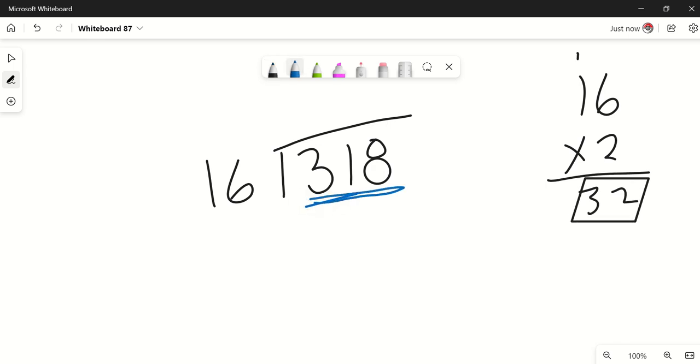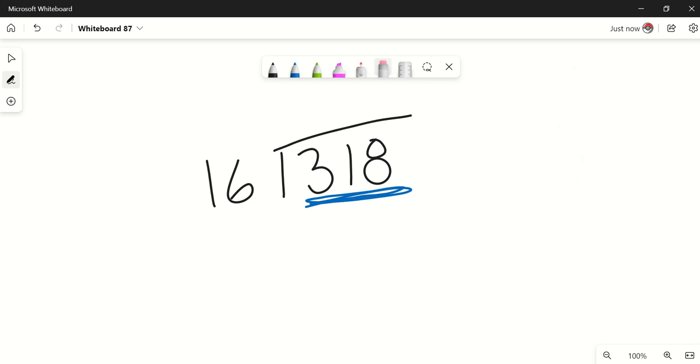Now we have to figure out how many times 16 will go into 318. Now, we can do a few things. We can just keep guessing and checking, which is totally fine, or we can use our math brains. I'm going to say that 16 is closer to 15, so I'm going to round down to 15. 318, let's make that 300.